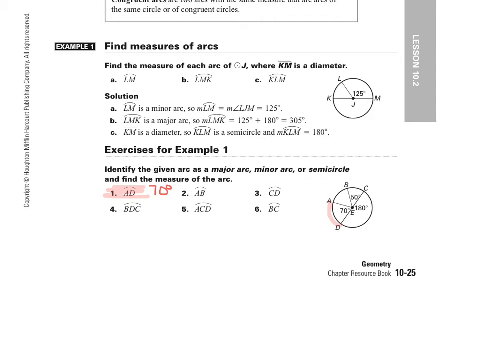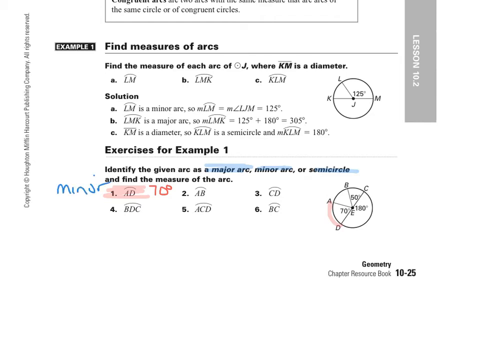You will also have to classify it as either a major arc, a minor arc, or a semicircle. So be careful on these questions, because they are going to be worth two questions here. So here, when it's 70 degrees, is that major, minor, or semicircle? It's going to be minor, right? Because it's less than 180. So not only will you have to find the measure of it, but also classify.